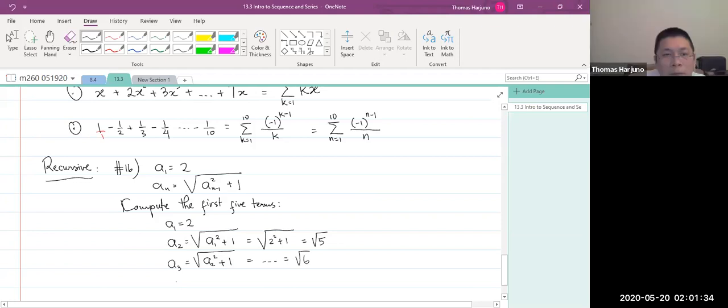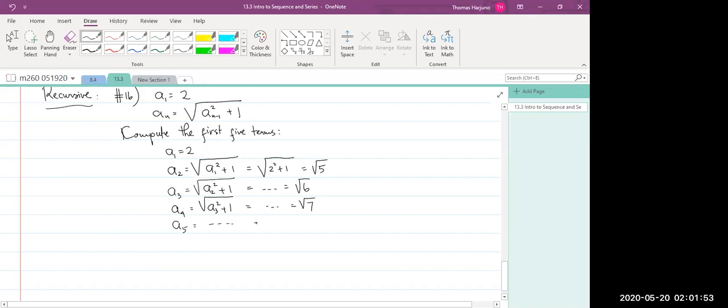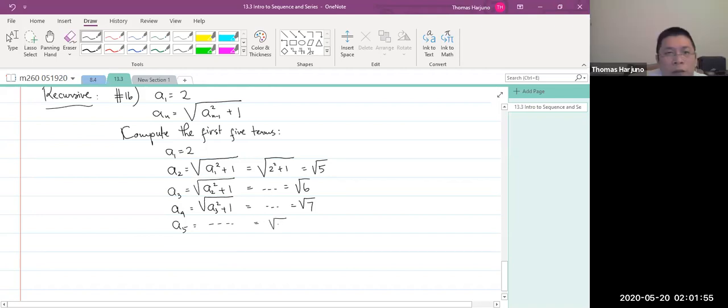How about the fourth term? Square root of 7. How far do I need to go? Oh, 5 terms. So the 5th term will be square root of 8. The fact that you can simplify, that's something else.